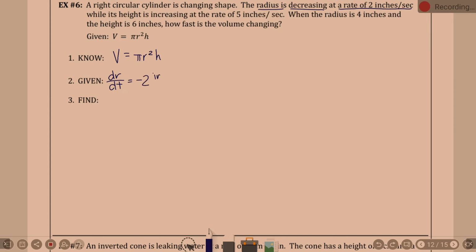Change in radius, so dr/dt, it's decreasing, that's negative 2 inches per second. What else? dh/dt equals 5. The height is increasing, so positive 5 inches per second.